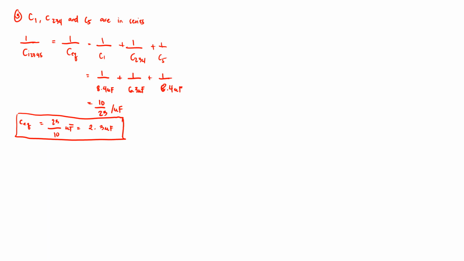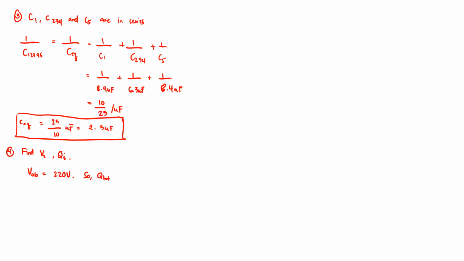Now, next is to find the V's and the Q's. The next thing that we will do is to find V1, V2, V3, V4, and V5, and also the Q's, the charge on each capacitor. We are given VAB, which is equal to 220 volts. So we can get the Q total.